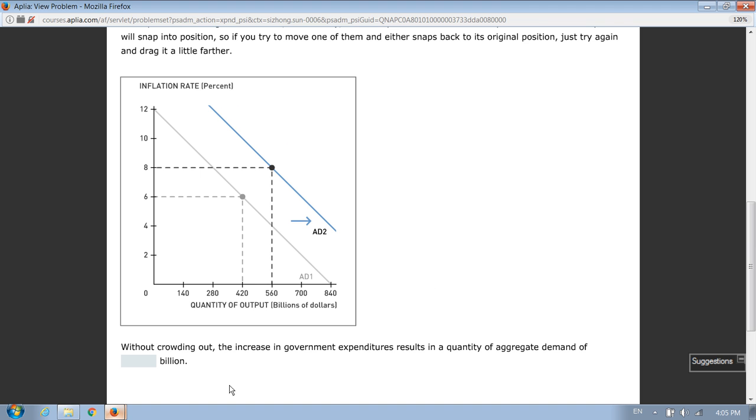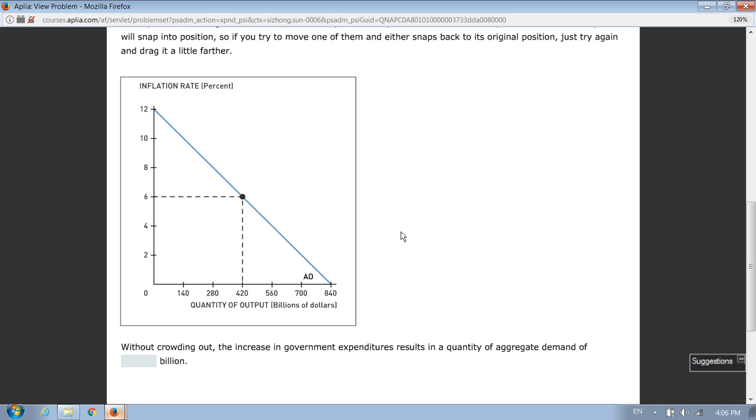Note that without the crowding out effect, the increase in government expenditures results in a quantity of aggregate demand of roughly here. Let me just redo it.